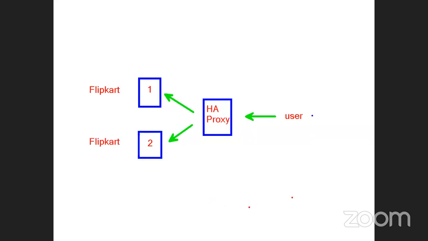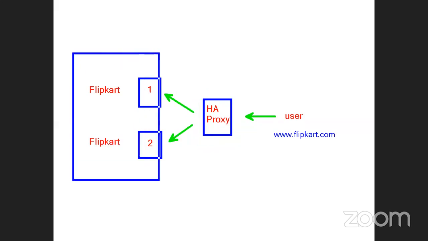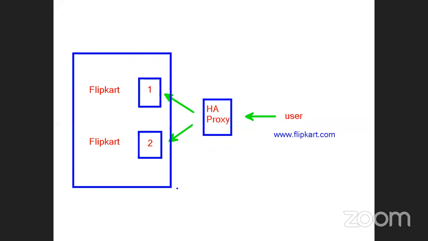Now this end user can send a request to this load balancer. Since he will just access flipkart.com, his request will go to the load balancer. So from here, the load will be distributed to multiple servers.